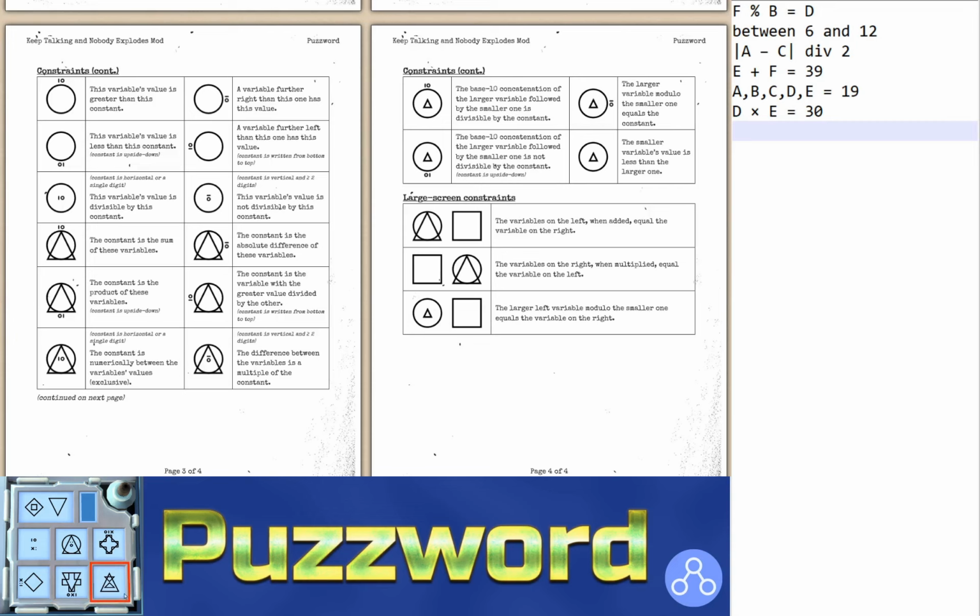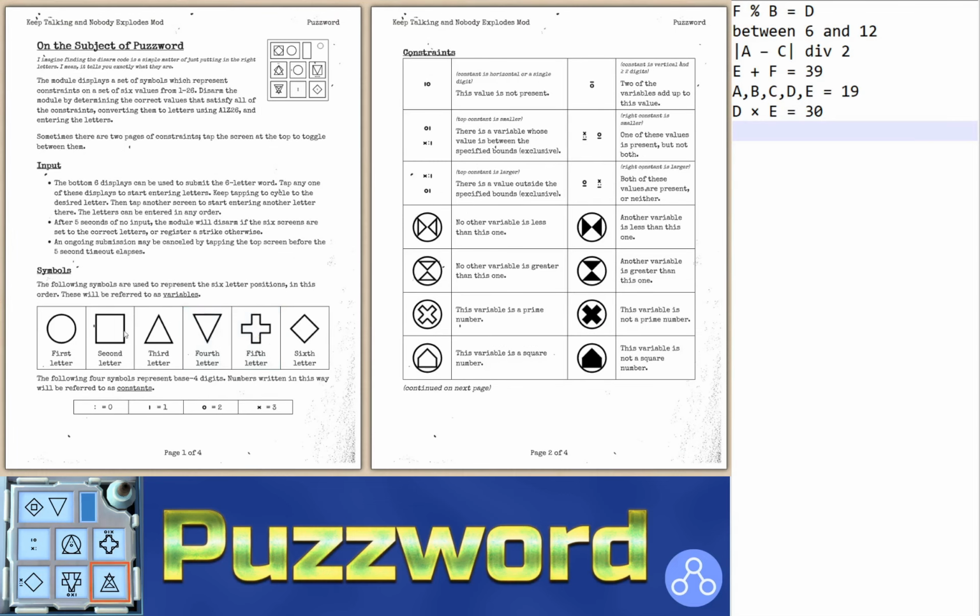Next one, we have an up-pointing triangle with some kind of hollow hourglass in it. So this time, the hollow hourglass is not one of these symbols here. The up-pointing triangle is. So we're looking at Charlie, but then we have these constraints here. Each of these has a sort of specialized symbol on its own.